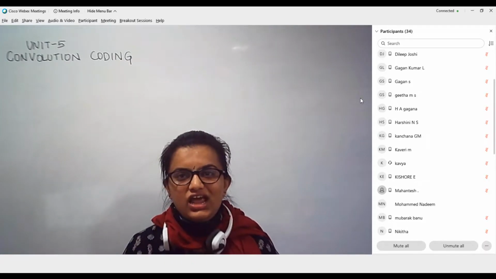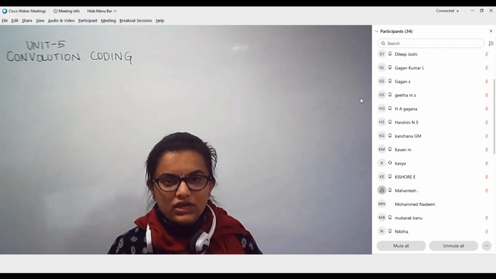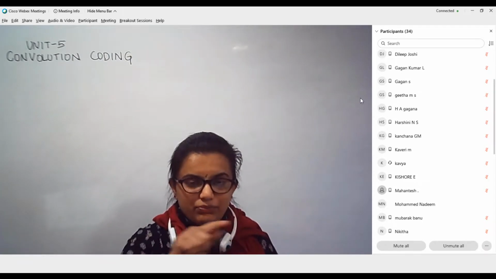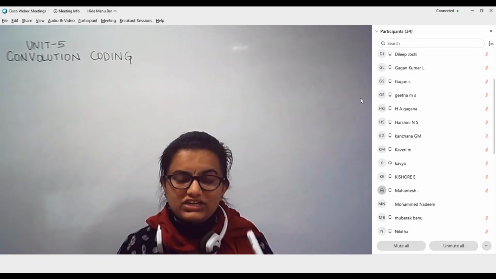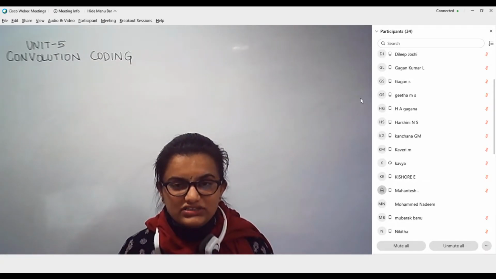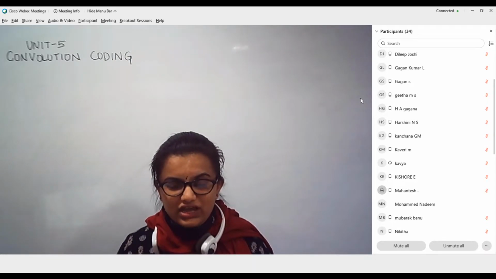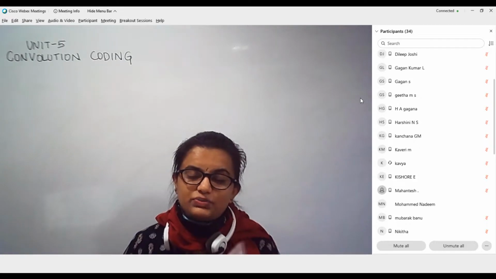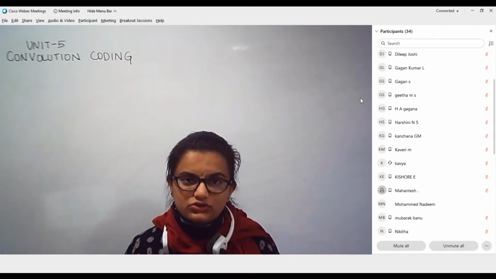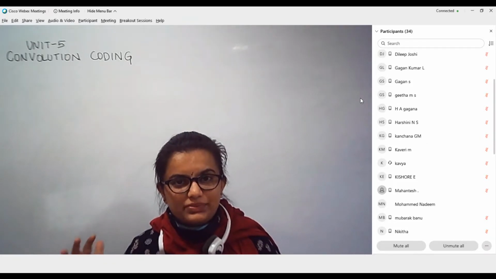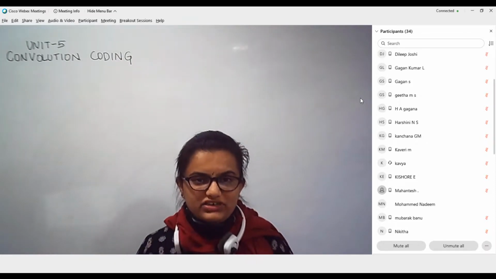So basically, a convolution code not only generates n bits for the input at the current time, but it also depends on the input that was provided previously. That means in this encoding algorithm, we make use of the message information that was previously entered into the system. So this keeps the memory of the information that was present previously.